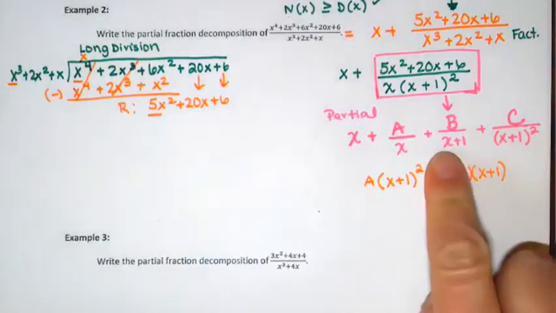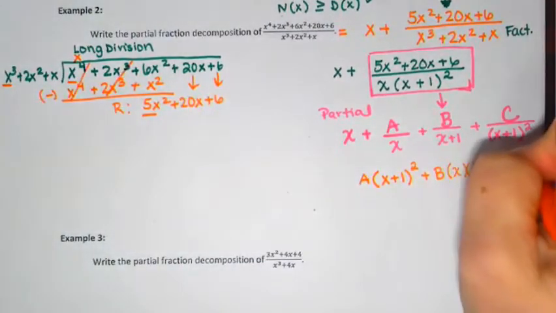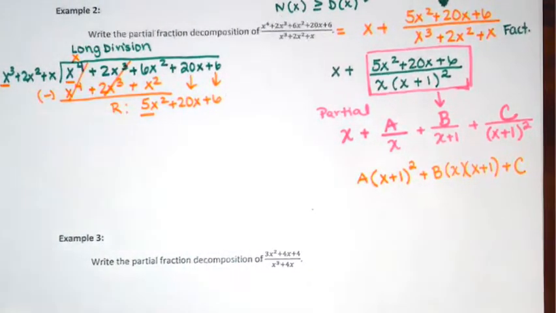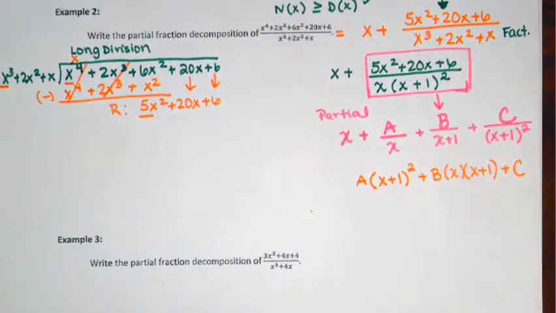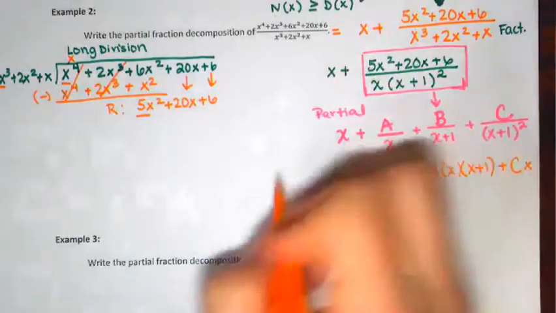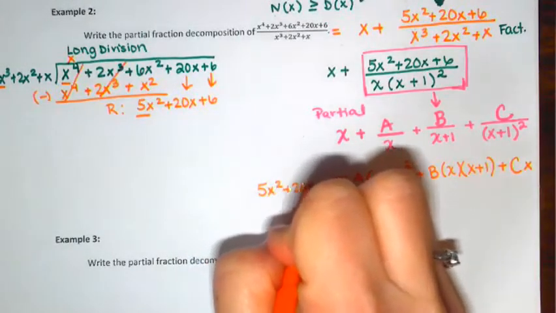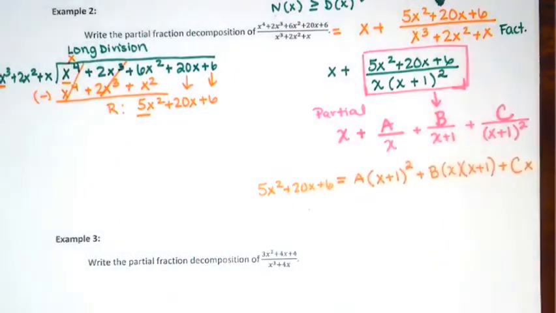Because it only has 1 and we need 2 of them. Plus c, and what does c have to be multiplied by? Just x. And then that is going to equal our 5x squared plus 20x plus 6. Okay, are you guys okay with that?